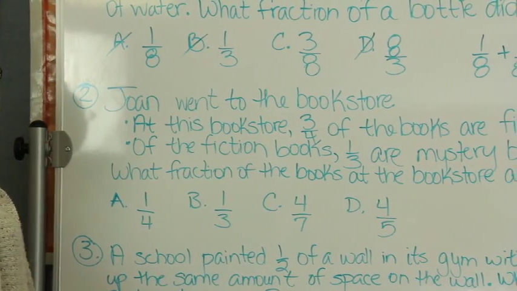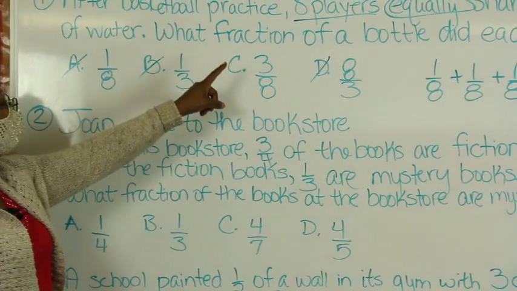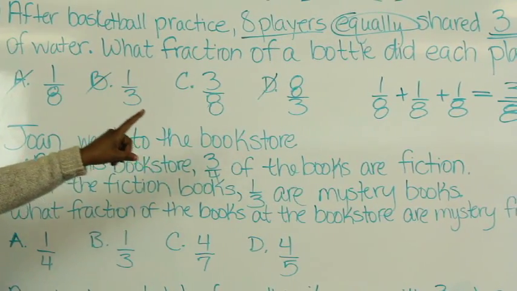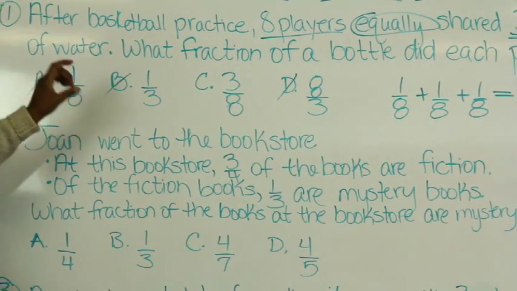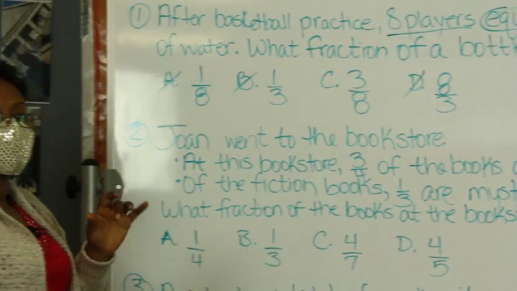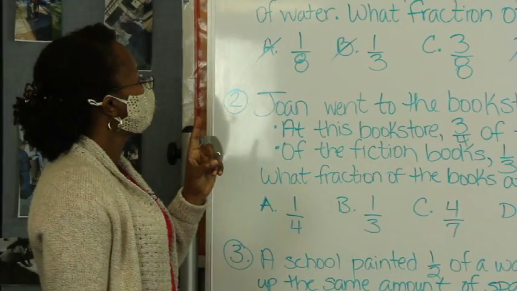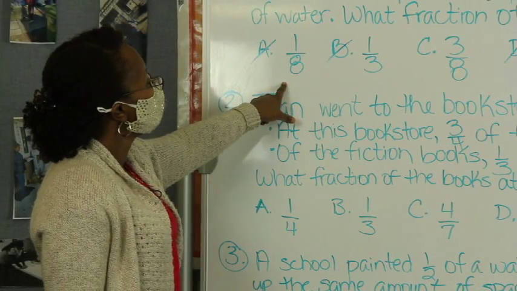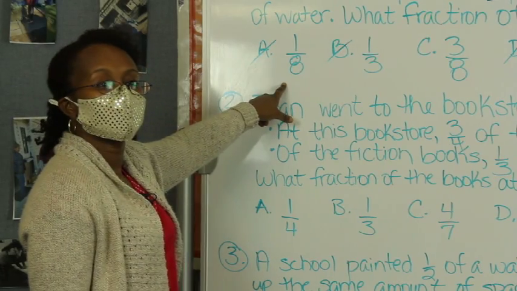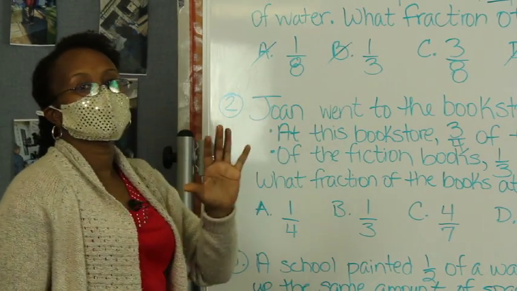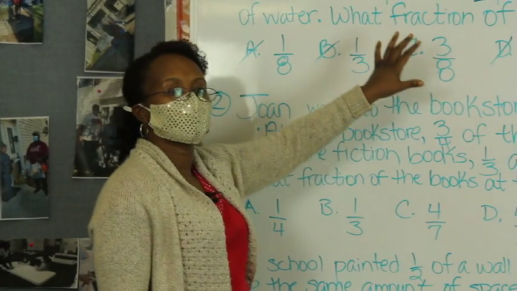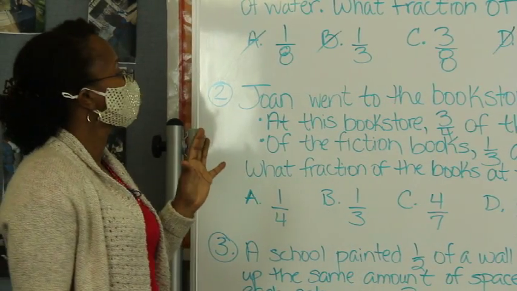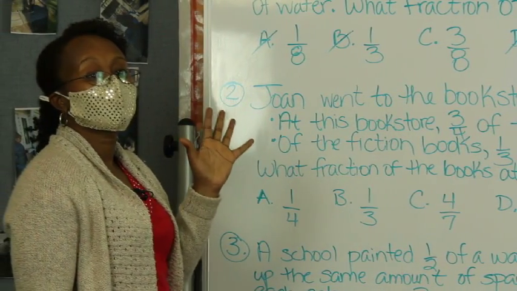one thing that might trip you up is they say what fraction of a bottle each player gets. So you could read it as out of 1 bottle, what fraction of 1 bottle does each player get? But that's not actually what they're asking. They're asking in total, okay? Now, I'm not as excited about how they worded the question, but if in any case you misunderstand something like that, to me that is a little tricky.